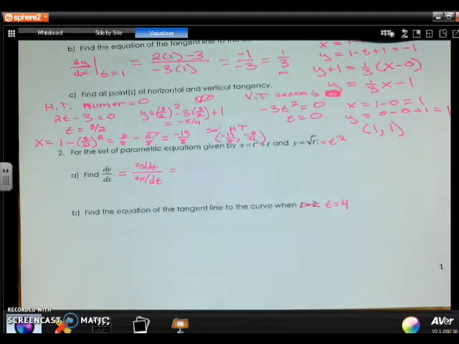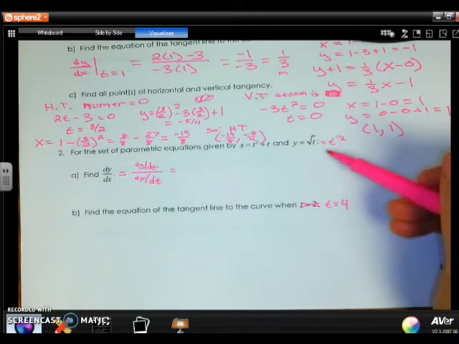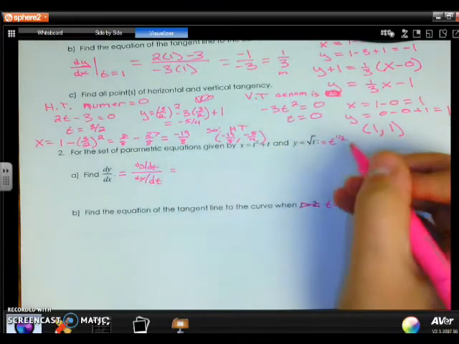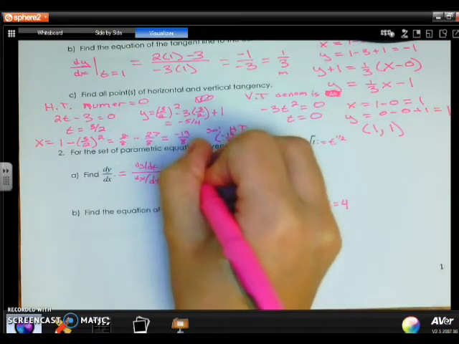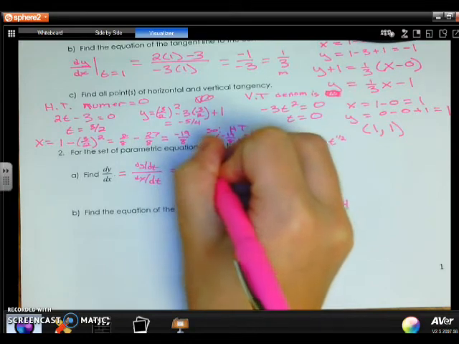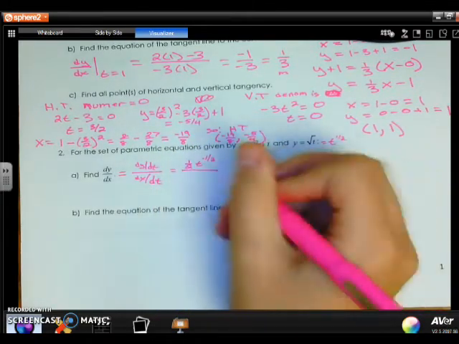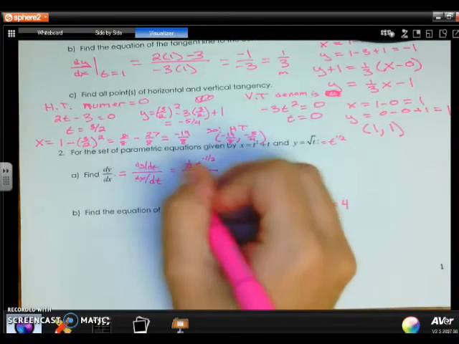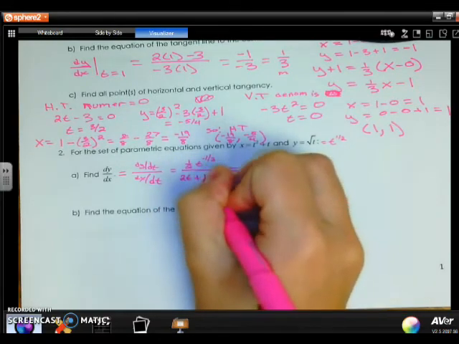And so with parametric, now I can take the derivative of y, right? So the derivative here is going to be 1/2 t to the -1/2. Well, think about what that means. So it's 1/2 t to the -1/2 over, and then you can take the derivative of x, so that's going to be 2t plus 1.